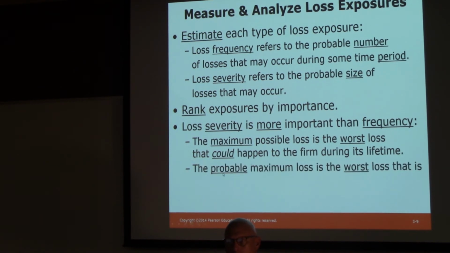Then there's the probable maximum loss, which is not necessarily the worst loss that could happen, but the worst loss that might happen. So if you think there's a 1% chance of some type of catastrophic loss, you probably won't spend that much time looking at it. But if you think there's a 10% chance of a significant loss, then you're probably going to tackle that problem first. All right?